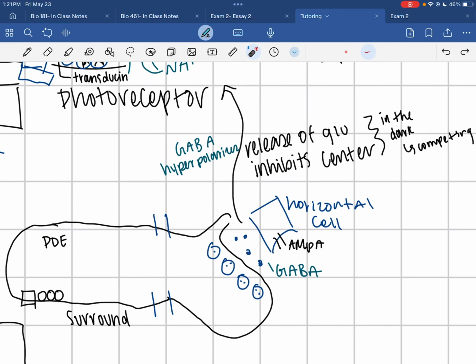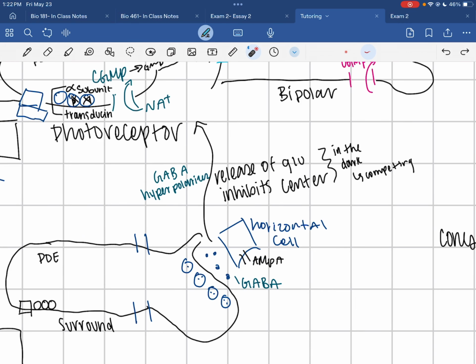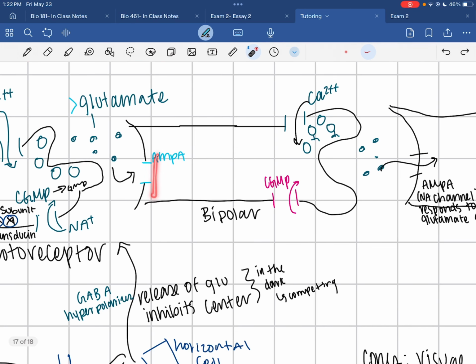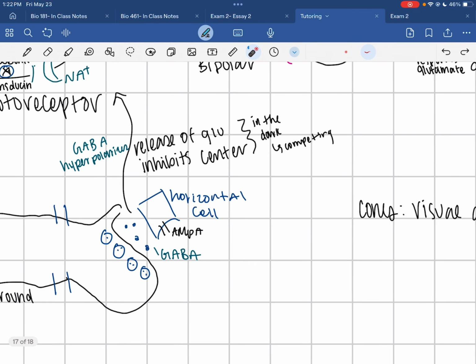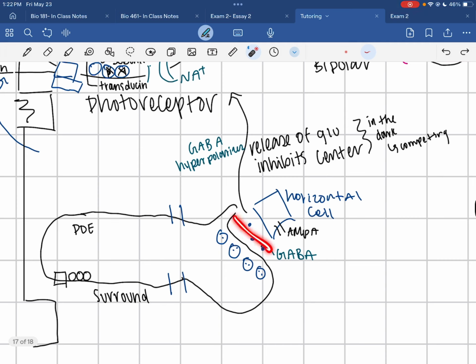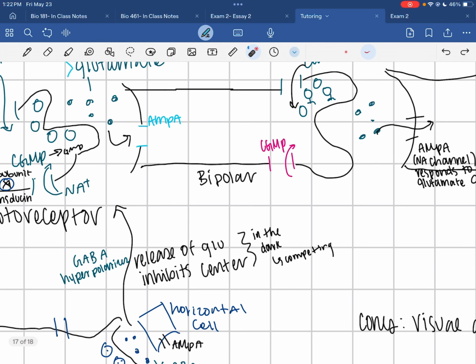So in the dark, we can think of it like there's an increase in glutamate release, kind of like with the first one too, which will inhibit this center, which causes us to not release glutamate, which then closes down this channel, but then that can come in, and then we cause that action potential there. But in the light, it's inactive, and because there's no this, there is no glutamate release, which then causes the action potential.